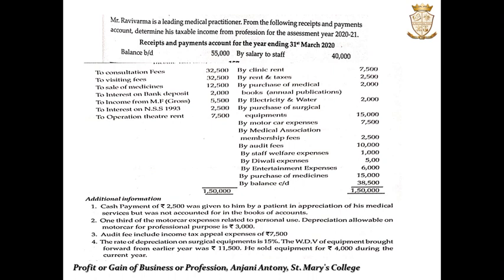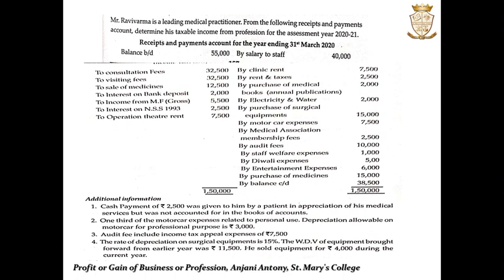Interest on bank deposit, interest from mutual fund, interest on NSS are income but not income related to profession, so we don't want to add this amount to income from profession. Next one is operation theatre rent, 7,500 rupees. So 4 items from this side should be added to income from profession, such as consultation fees, visiting fees, sale of medicine and operation theatre rent.